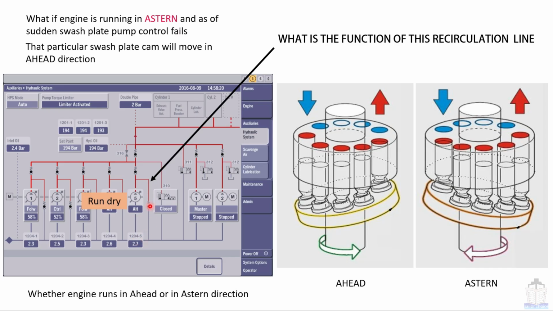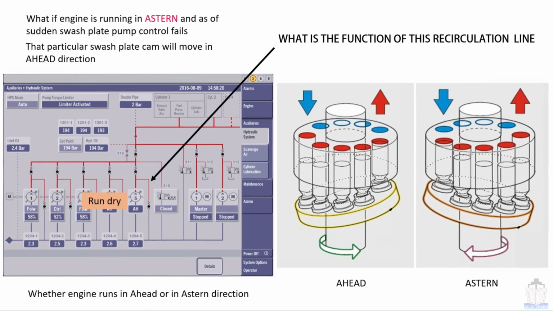That makes the oil circulate in a closed loop, and by this the lubrication is provided to this pump. However, in this present case, this pump is not going to participate in building up the hydraulic pressure. So I hope you have understood what is the function of this recirculation line. This is a very important line in this hydraulic circuit.